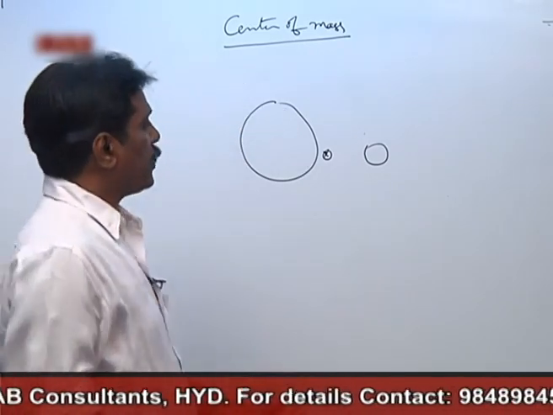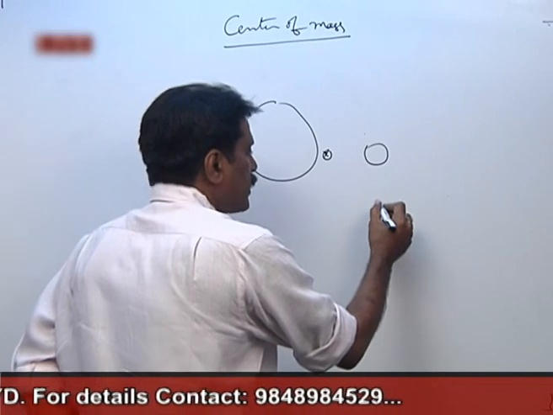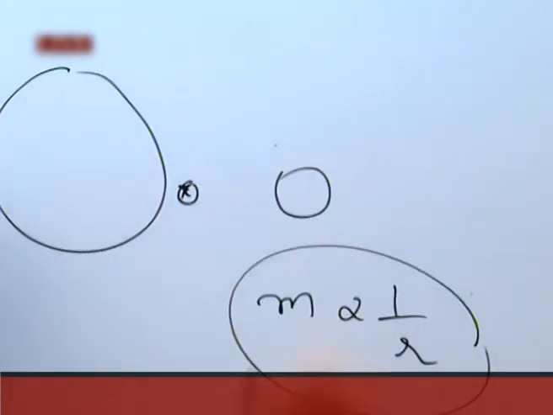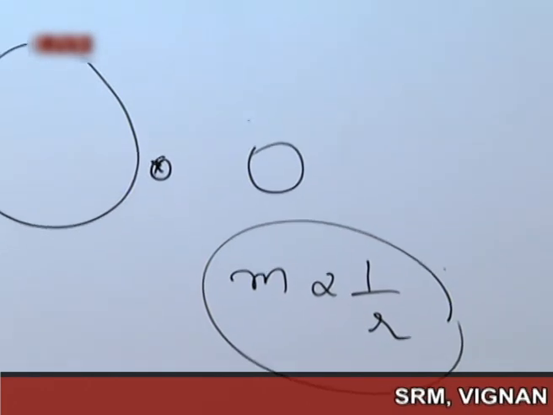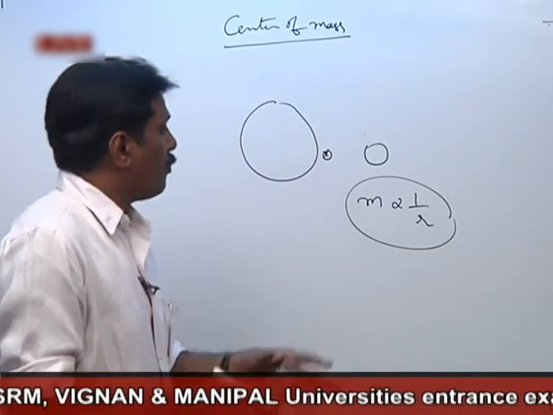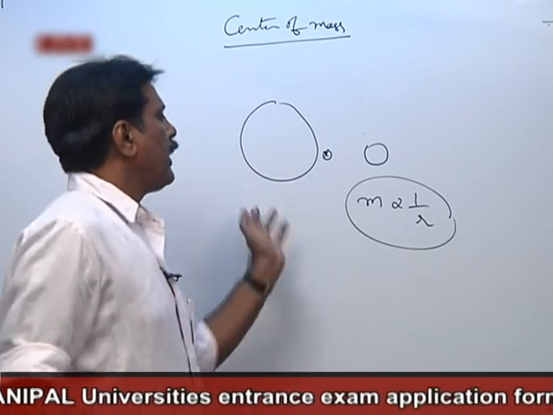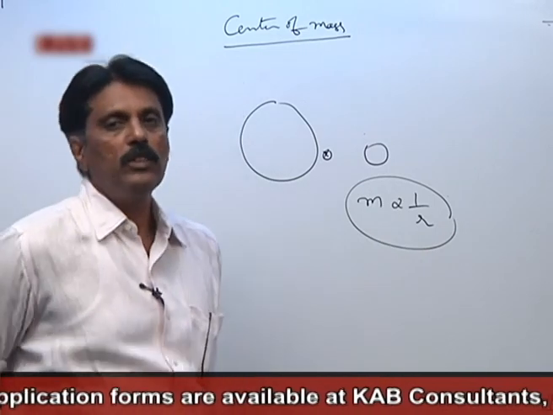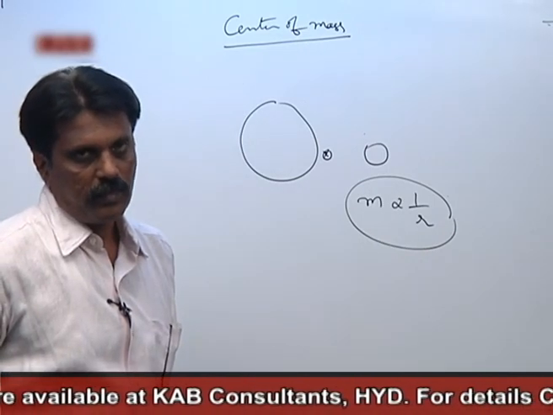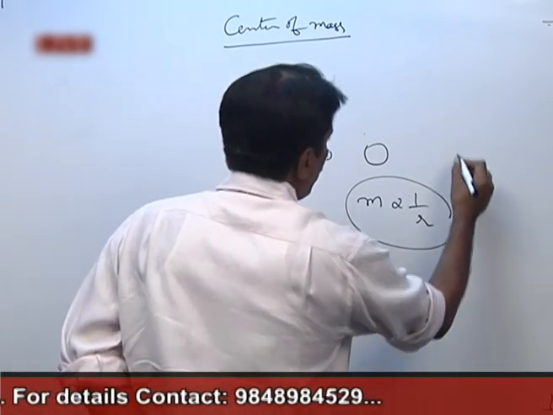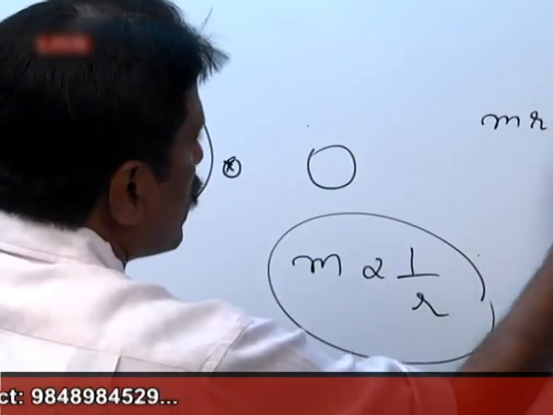So, in other words, we can have a relation that mass is inversely proportional to distance of center of mass. If there are two bodies, one is large and another is small, center of mass is located nearer to the larger body, means mathematically that can be represented as mass is inversely proportional to distance from the center of mass. Now, from this we can write mr is equal to constant.